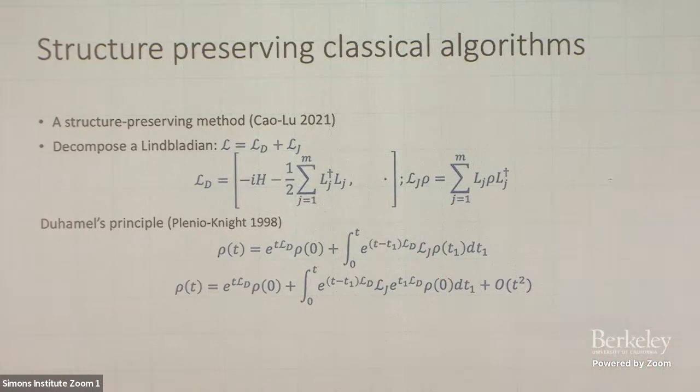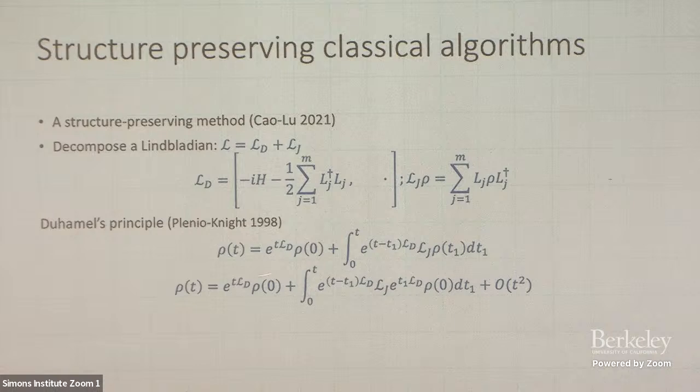Now, what is cool about this formula is that if you think about what this operator Lj does, it puts rho between Lj and Lj conjugate, or dagger, right? And so it gives you a Kraus form.